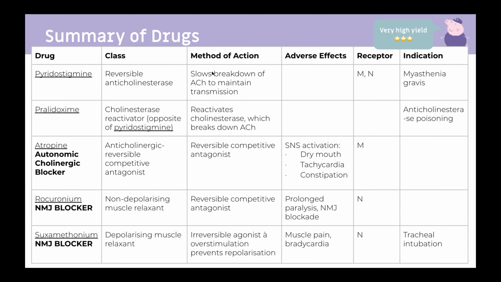Would atropine then stop the constriction of bronchi? Yes, parasympathetic will kind of be the opposite of sympathetic. So that does mean that you will have a degree of constriction of your bronchi, so your lungs.